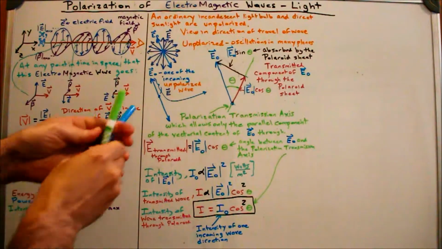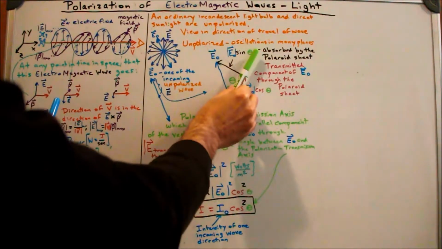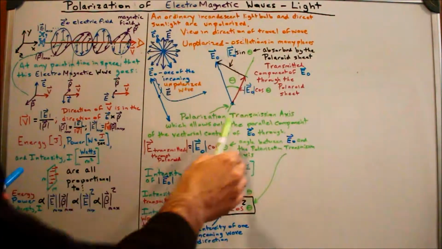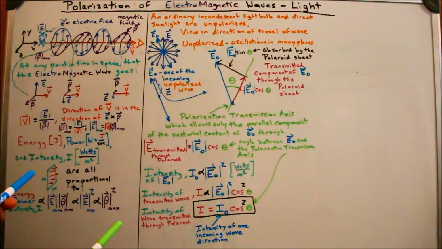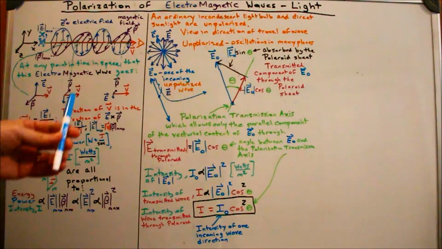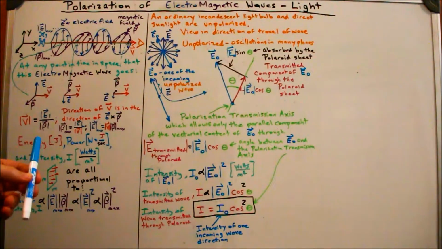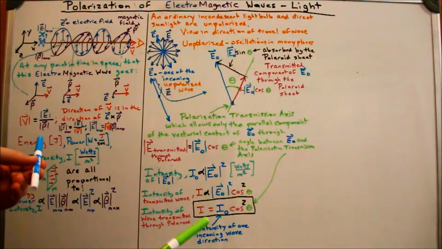A polarized sheet has a transmission angle, which I'll draw arbitrarily as this, for this example. The transmission angle is the one which allows only the parallel component of the vectorial content of the electric field through. So no other electric field directions are allowed to go through it.